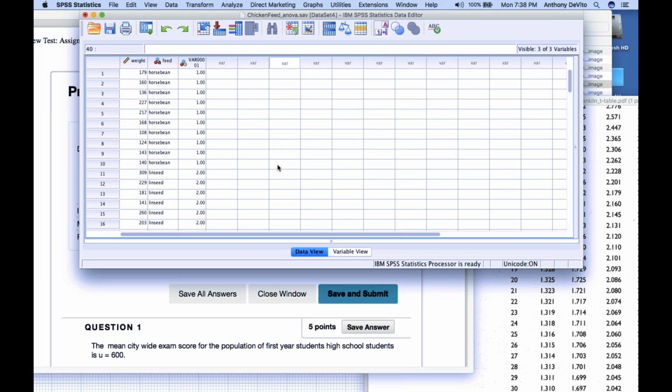Oh, it's in a different browser. That's why it looks different.